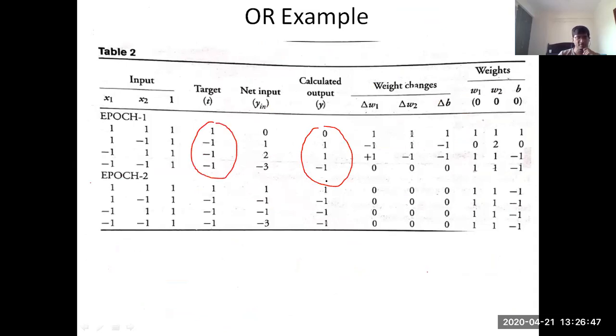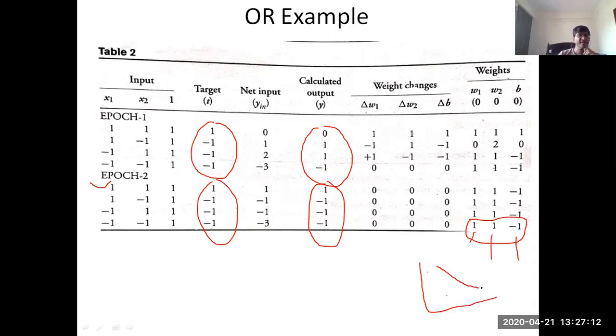After epoch 2, we can see that all the target values are now equal to your output values, and this is the end of the iteration. After that, the weights that we gain, that is W1, W2, and your bias value, would be your final weights, corresponding to which we would draw the final line of convergence.